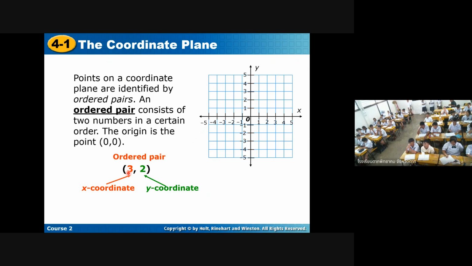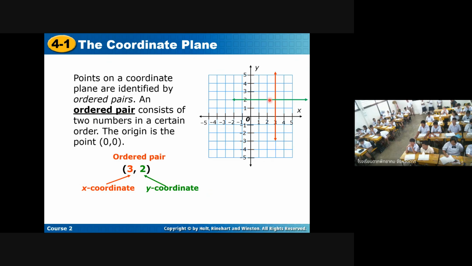So, if we're going to plot 3 comma 2, you just need to look for the x value. Look at this vertical line. This line touches the 3 in the x-axis. And again, the y value, which is this 2, is at this point.